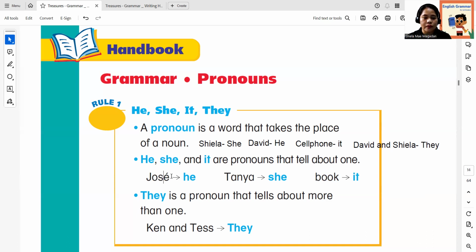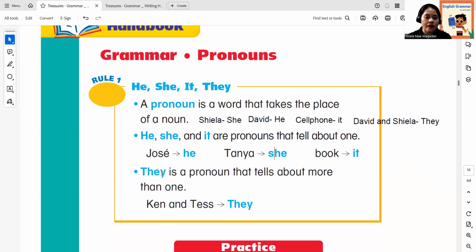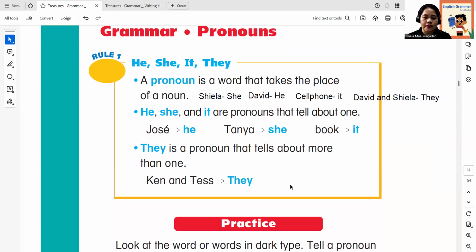So if you want it to be a pronoun, instead of using Jose, you have to use he. Tanya, she. That becomes a pronoun. Book, it. All right. Now let's proceed to they. It is a pronoun that tells about more than one. As I've said here, David and Sheila this time, Ken and Tess. They. Or for many people, innumerable people, we can use they.